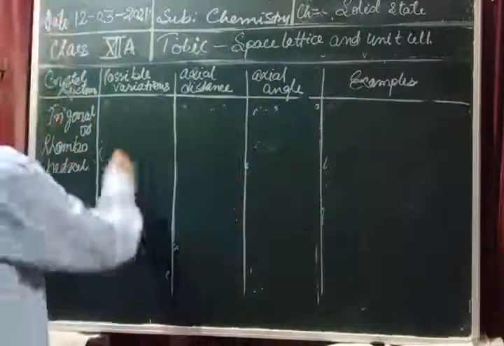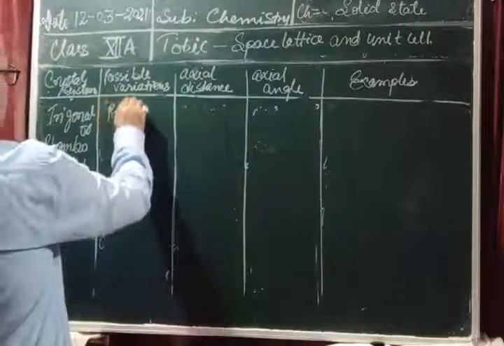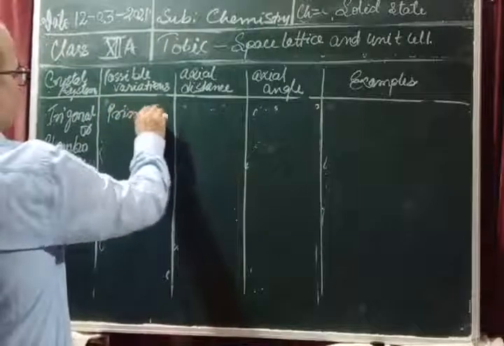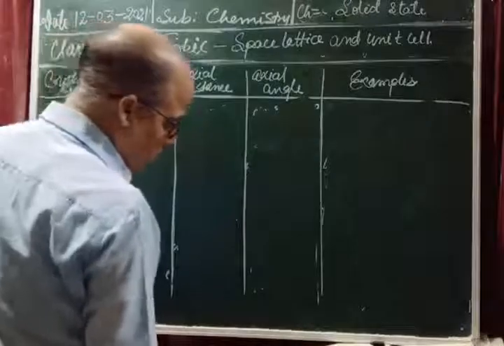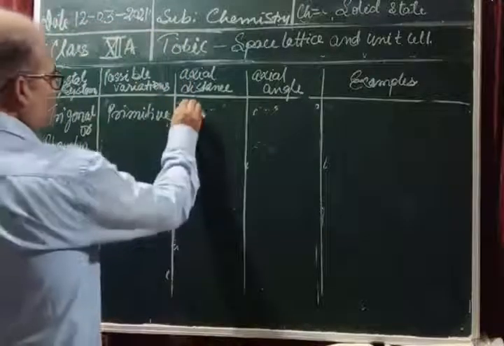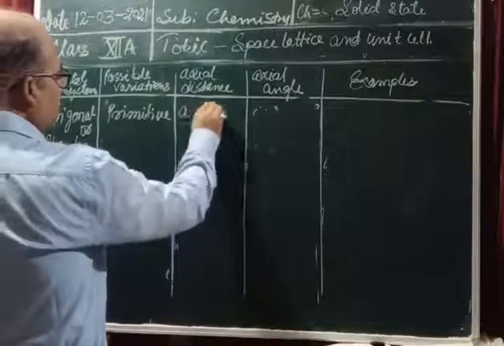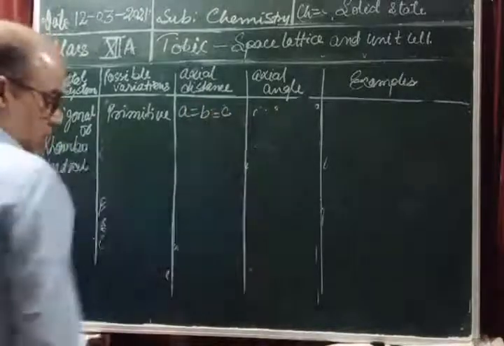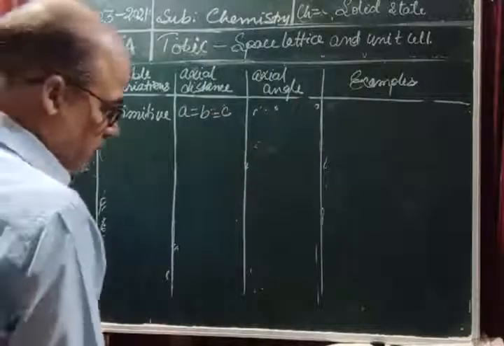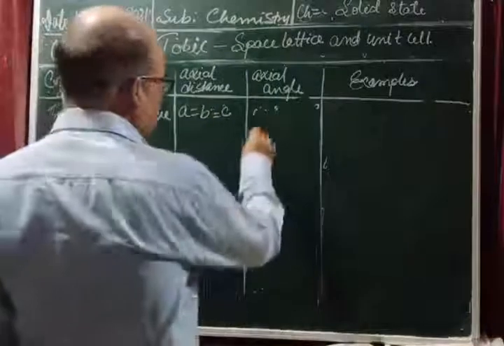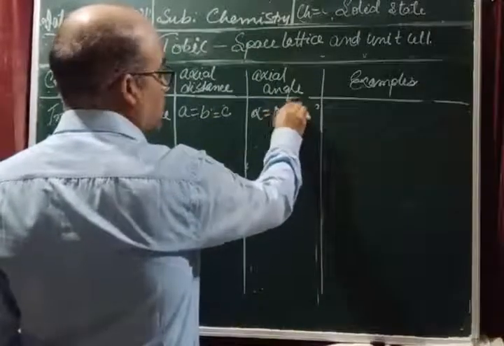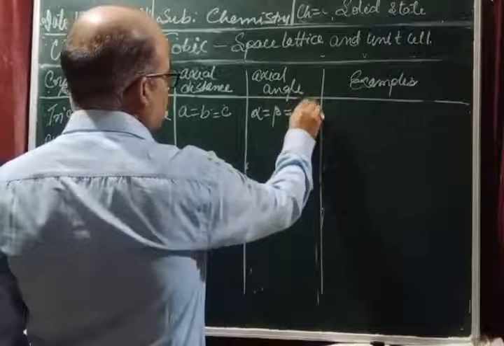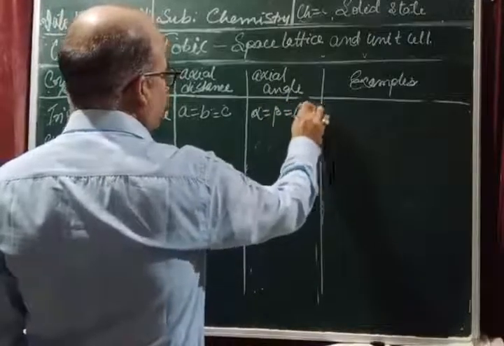Only primitive structure is possible. In such case, all the distances are equal. But angles are also equal. Okay.